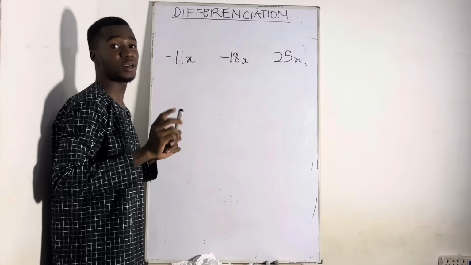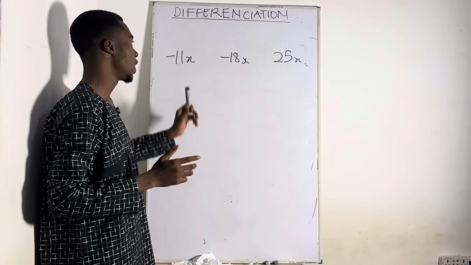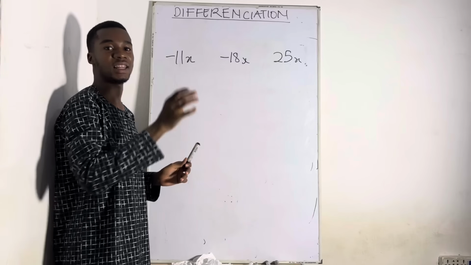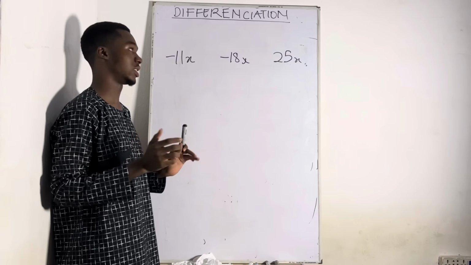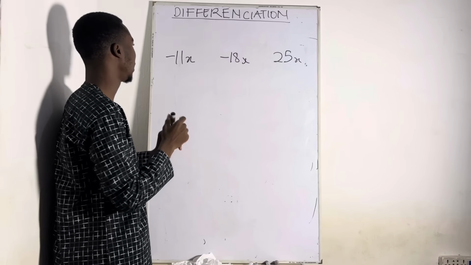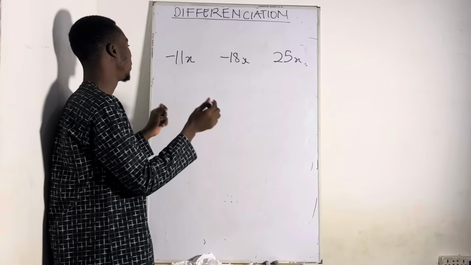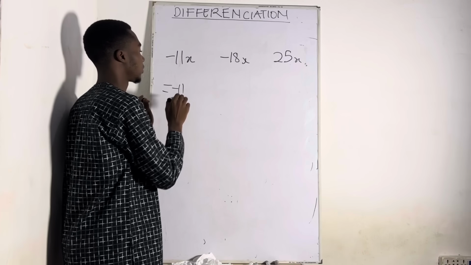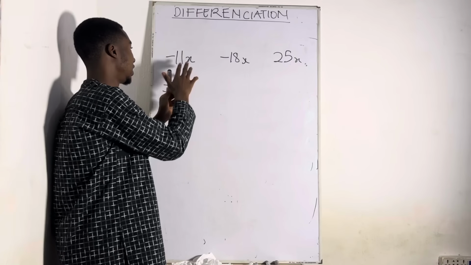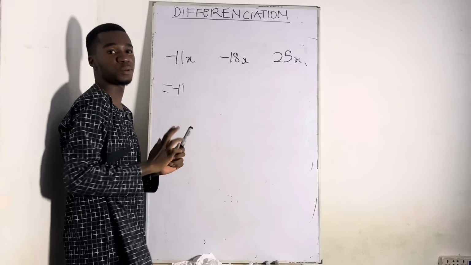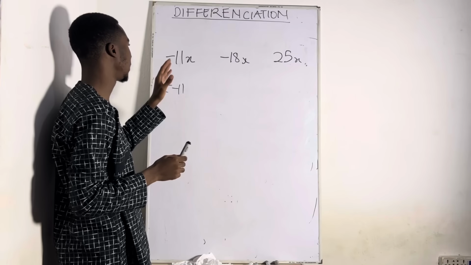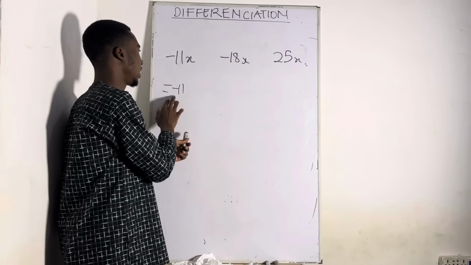You realize that the first one there were exponents, but this one there are no exponents. So when there is no exponent and you are differentiating it, you just assume that you've not seen the exponent. You get it? So if you're asked to differentiate negative 11x, the answer will be negative 11. That's all. So if you are differentiating negative 11x, just remove the variable attached to it. That's if there's no exponent.